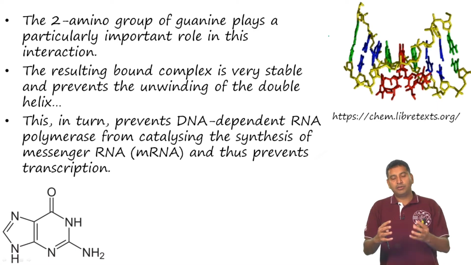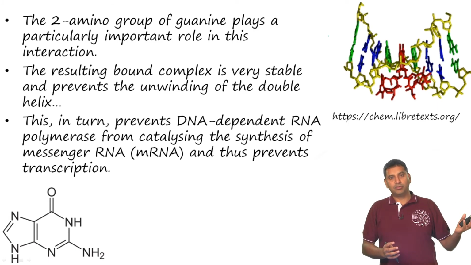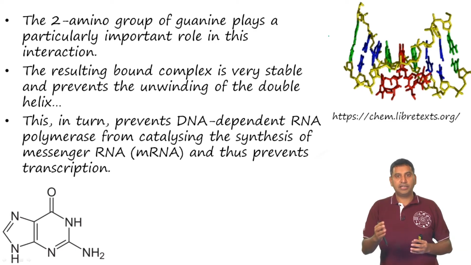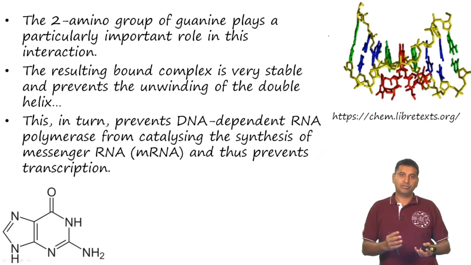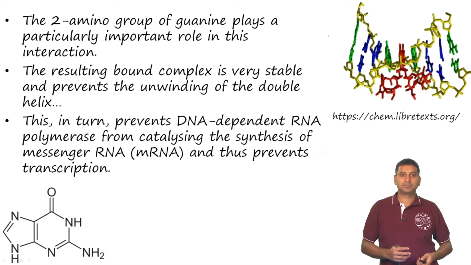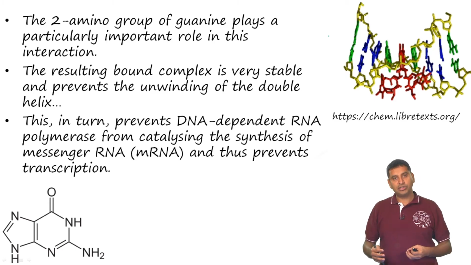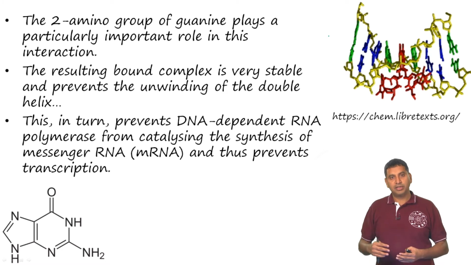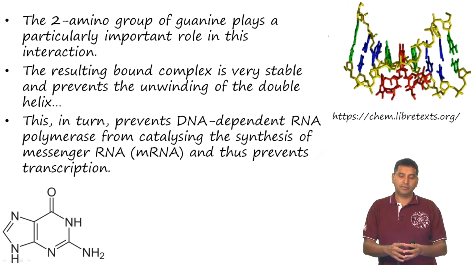And if unwinding of the double helix does not happen, as we know from our previous lectures, single-stranded DNA is not produced to transfer the information to mRNA, and therefore transcription is inhibited. And as a consequence, the cell would stop replicating or dividing.